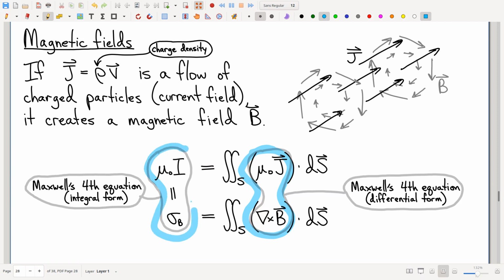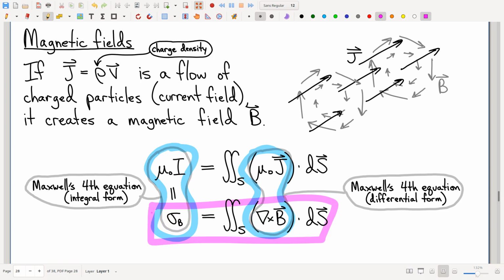This fact about magnetic circulation and current is empirical, but then fancy math involving Stokes' curl theorem allows us to reinterpret that as a statement relating the curl of the magnetic field and the current flow field itself. So seemingly two very different statements. At first glance, it would seem that these are four separate things, but they're really just the same statement in a very meaningful sense, given how Stokes' curl theorem connects them.